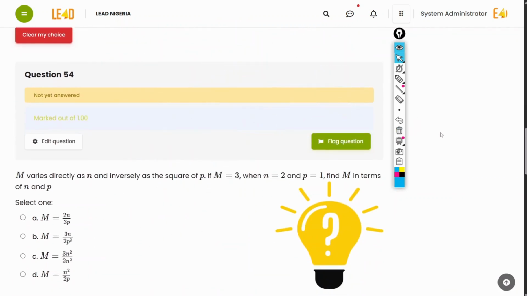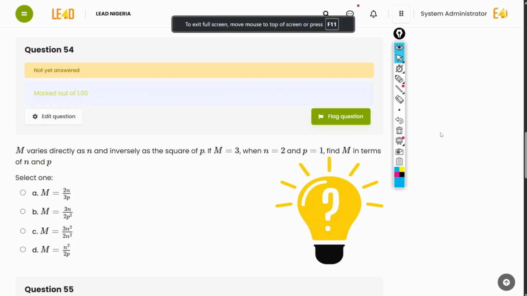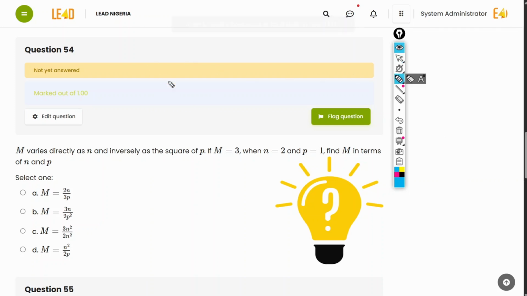All right, question 54. Okay, M varies directly as N and inversely as the square of P. So that means that M varies directly as N and M varies inversely as P squared.